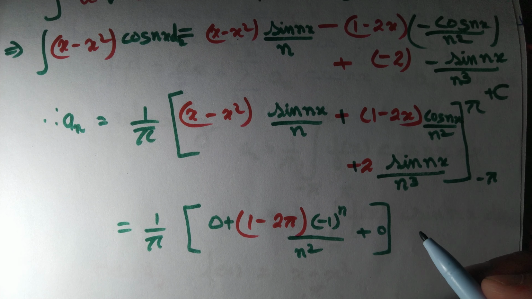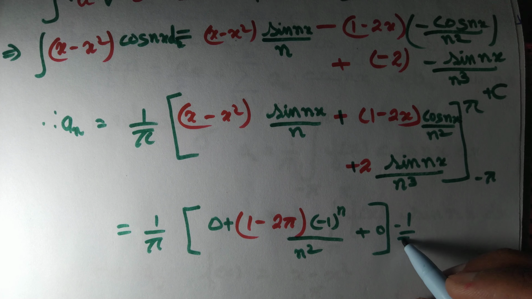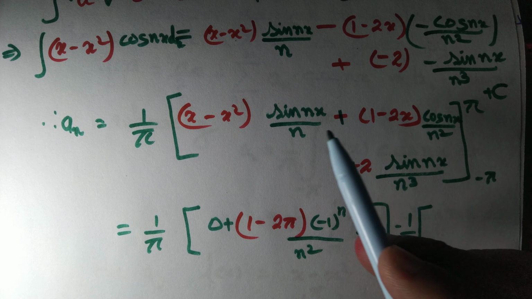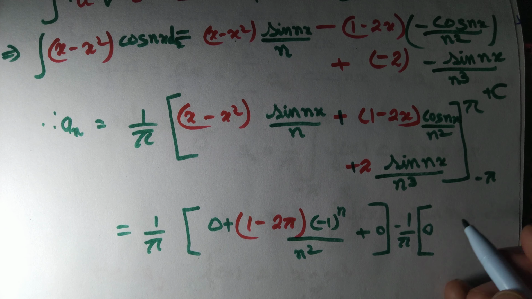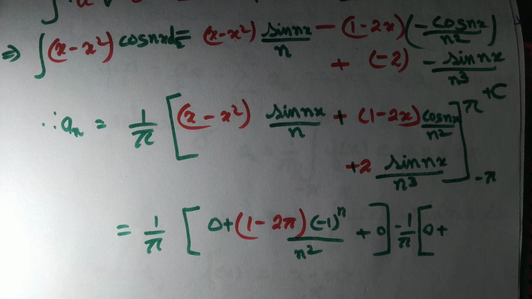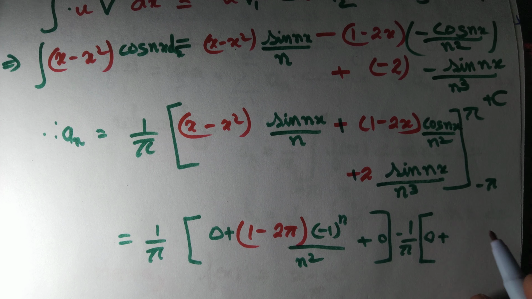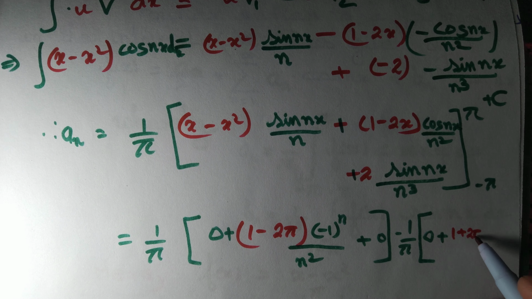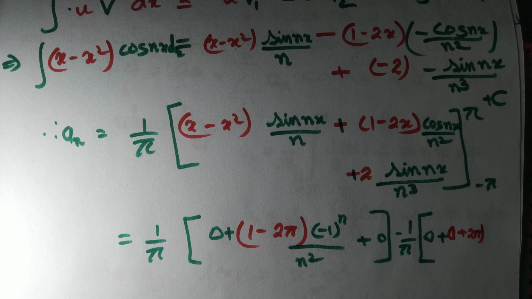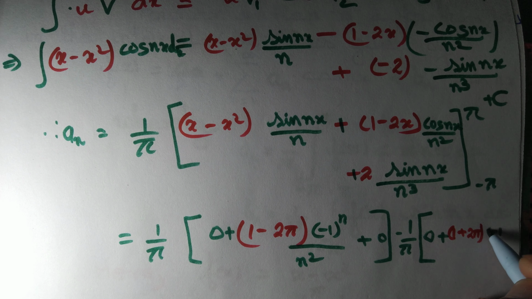What about the lower limit? 1/π as it is. This is 0. 1 − 2x, you write x equal to −π. So 1 + 2π. Whole thing into cos of −θ is same as cos θ. So (−1)ⁿ / n². sin nπ is 0.